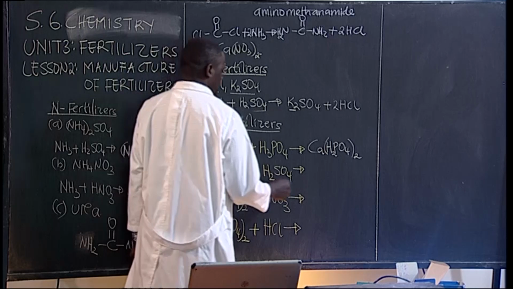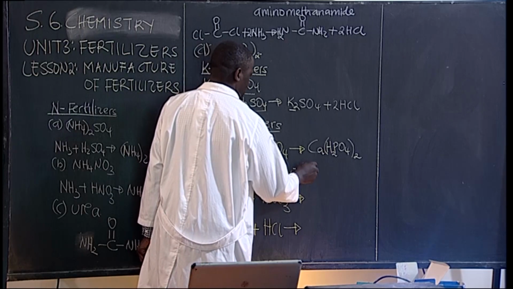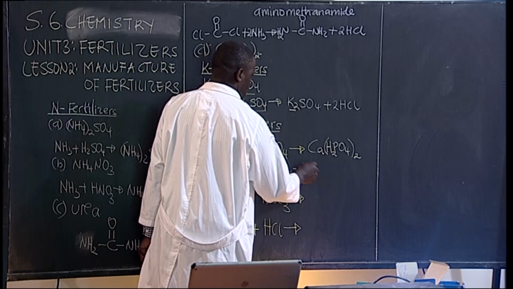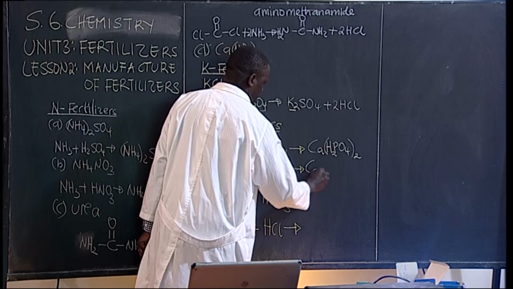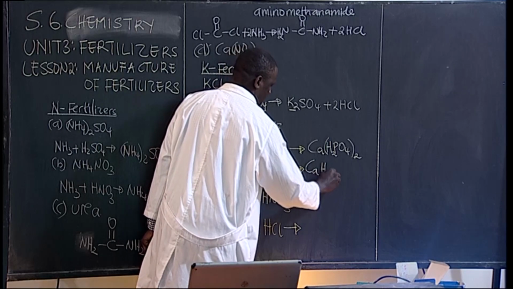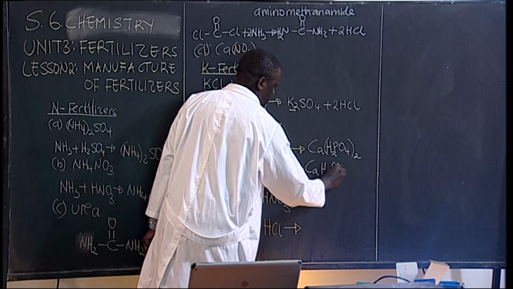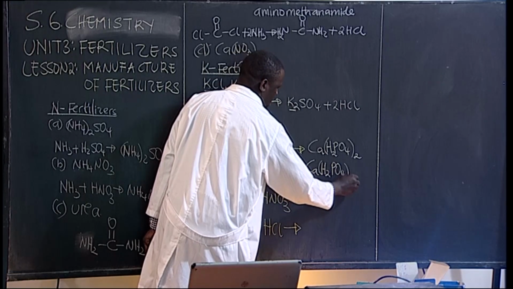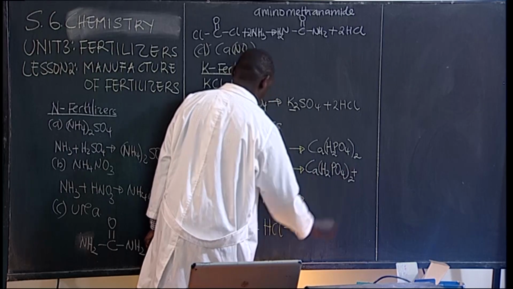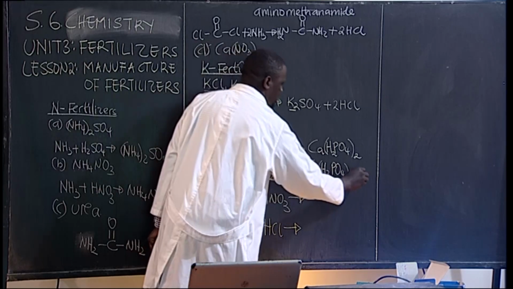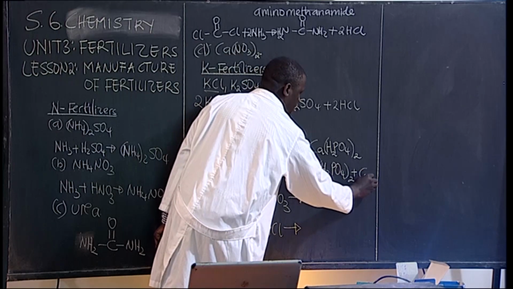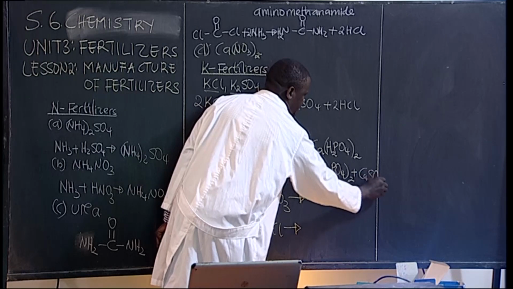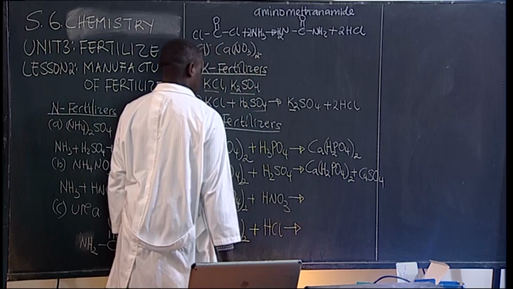We also have this one again. We have calcium phosphate again here. We can put 2 here, plus our calcium sulfate, which we normally call gypsum.